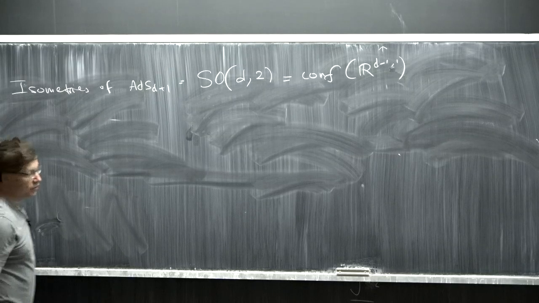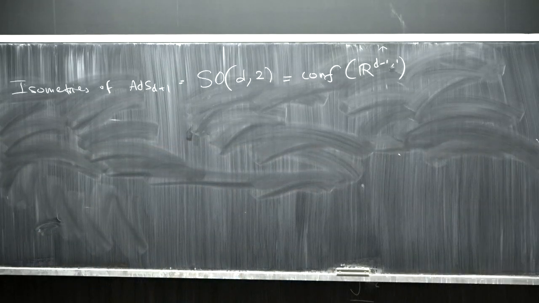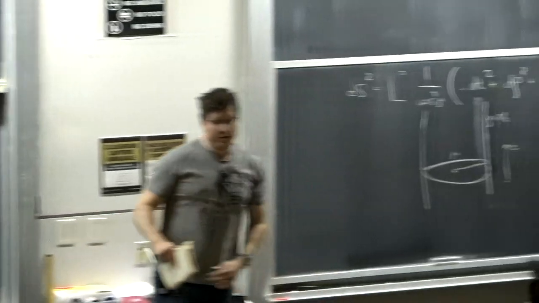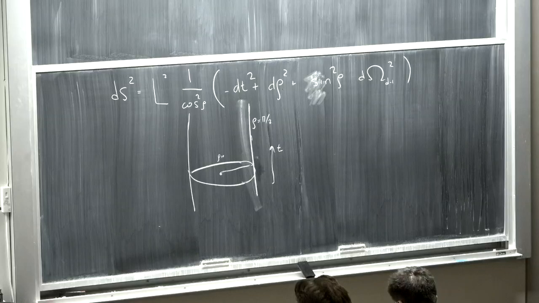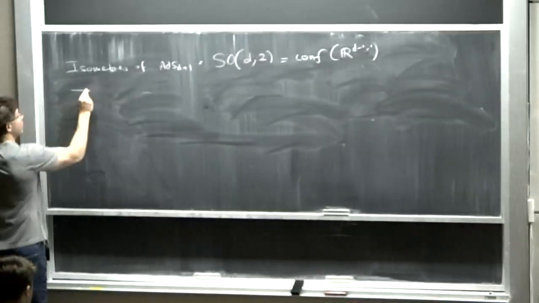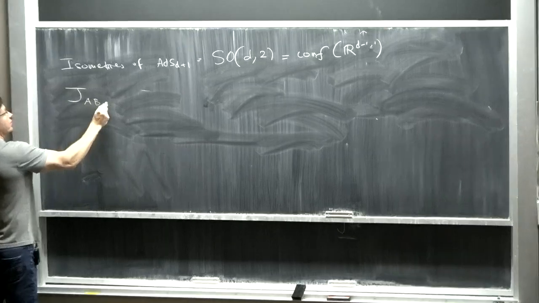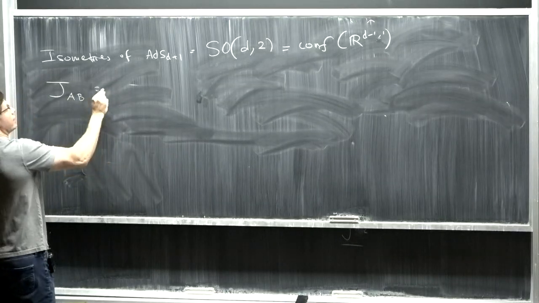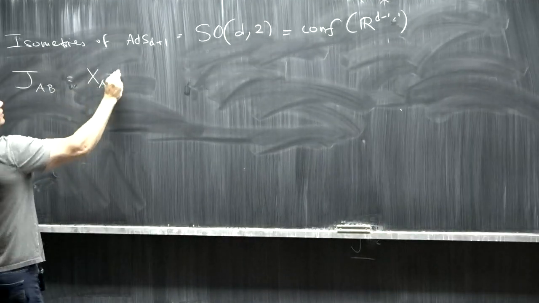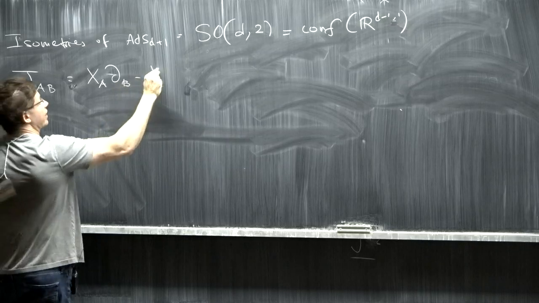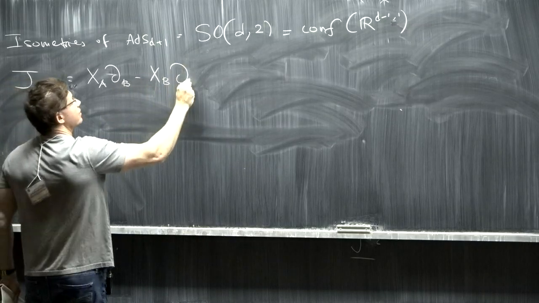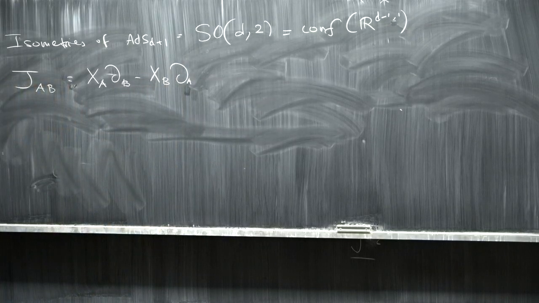So what are the symmetries of this hyperboloid? That's kind of trivial because it's just like a sphere. So the symmetries come from rotations of the hyperboloid. All the symmetries of the hyperboloid are just the J_AB, which is given by X_A d_B minus X_B d_A, where A and B run from -1, 0 all the way to d.